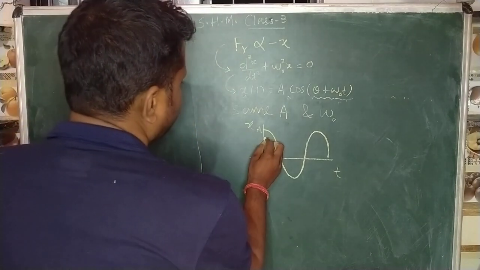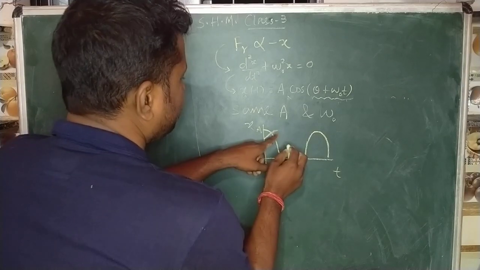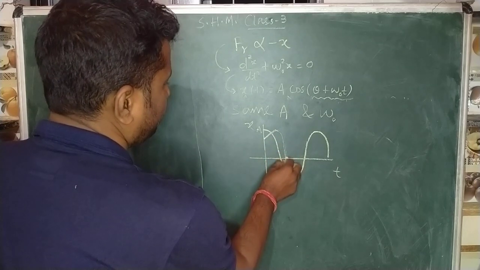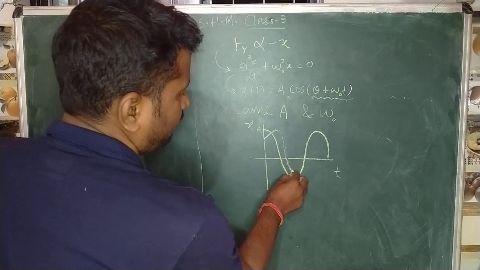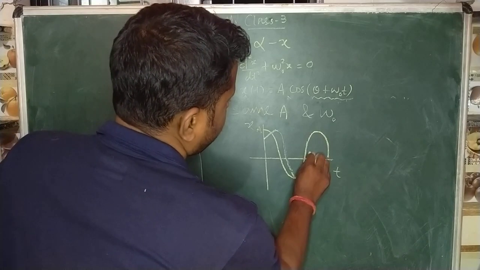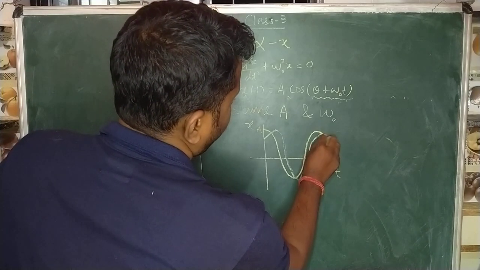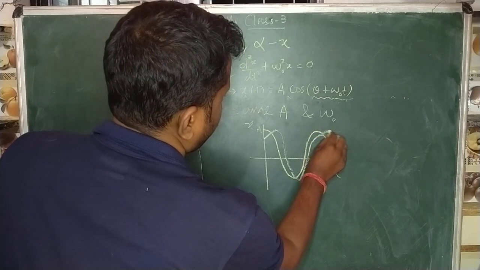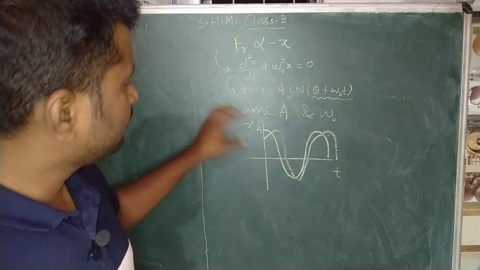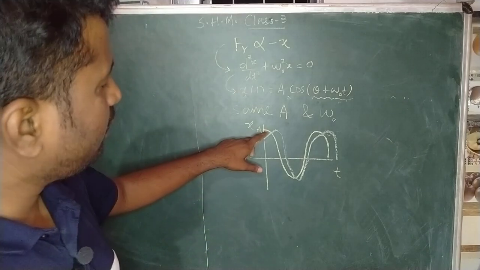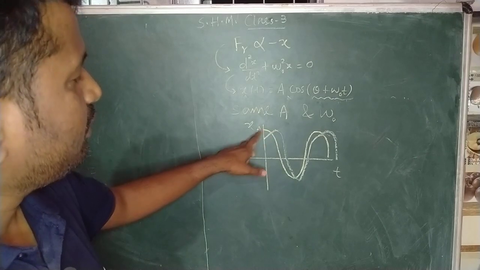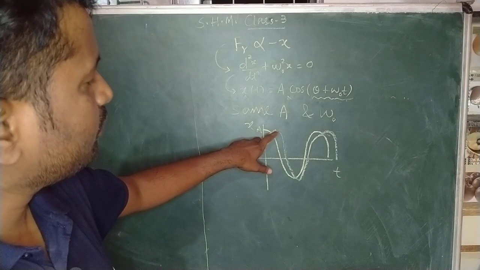It started here and its amplitude is here, then like this, then like this. Two oscillators, one yellow color, the other one this color. They have the same amplitude. Here amplitude is A, here also amplitude is A.